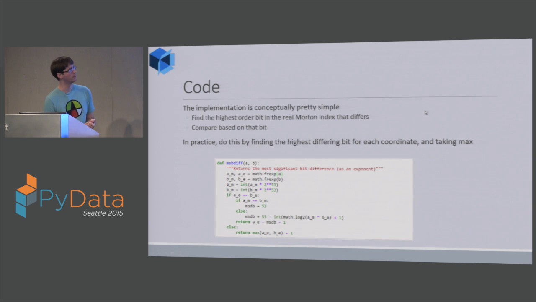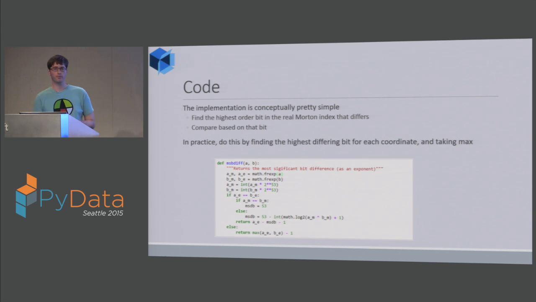So I'll show you some code that does this. One of the ways I explained to do the comparison is finding the first bit that's different on each of the x and y coordinates, or x, y, z coordinates. And if there's a tie for the earliest bit, taking the one that's the earliest coordinate.